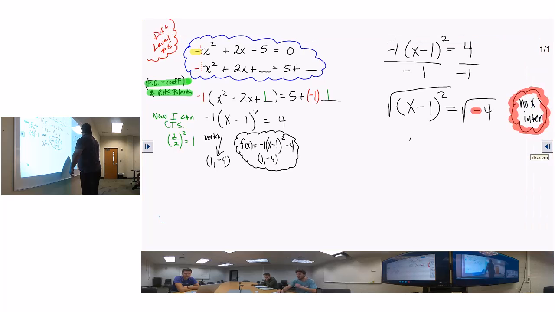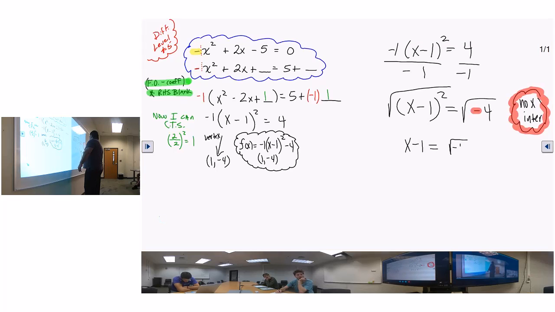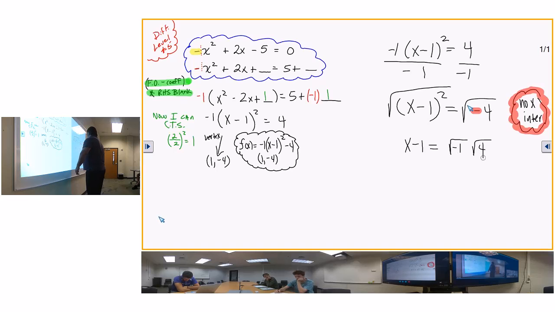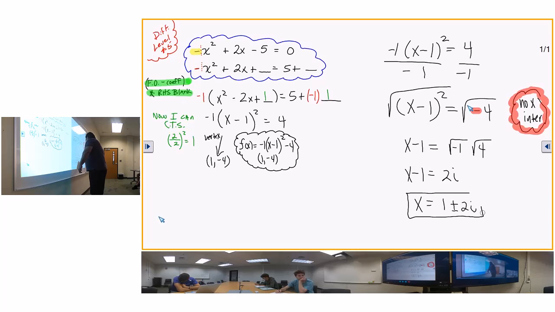So x minus 1 is equal to the square root of -1 times the square root of 4, and x minus 1 is equal to 2i. And x is equal to 1 plus or minus 2i, or 2i plus 1, whichever one you want to do.